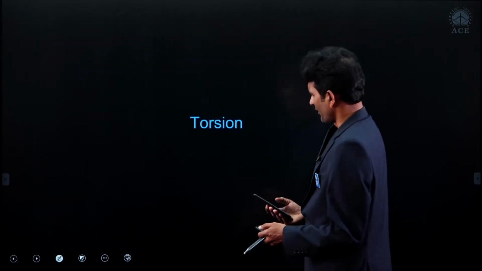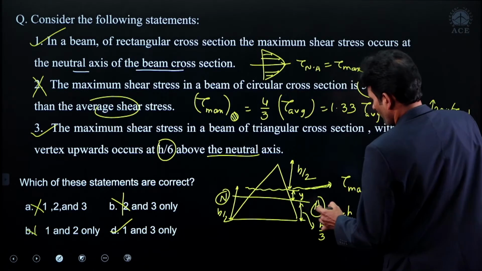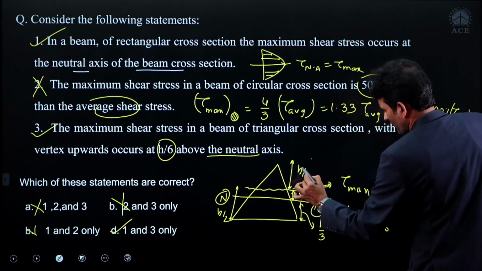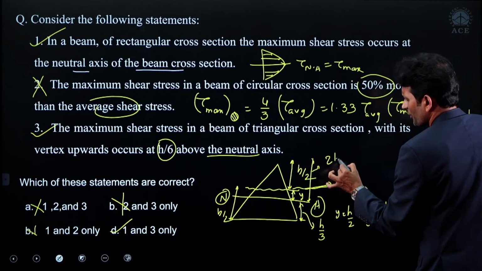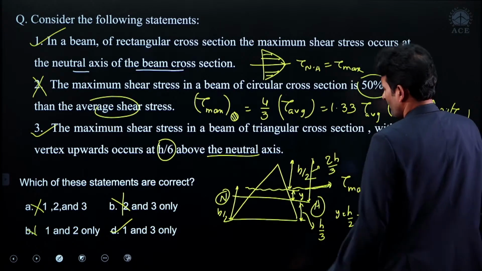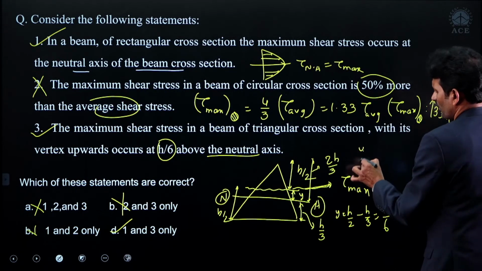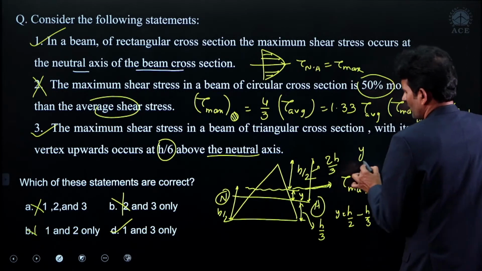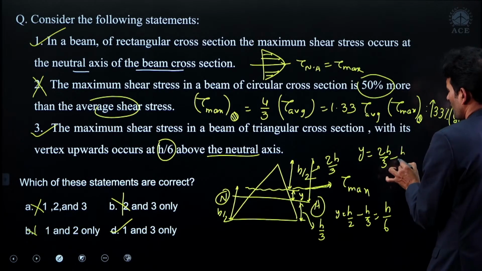Exactly, 2h by 3. Here the vertex distance is asked. This is h by 3. Excellent. This is 2h by 3. You can take 2h by 3 minus h by 2. That's it.